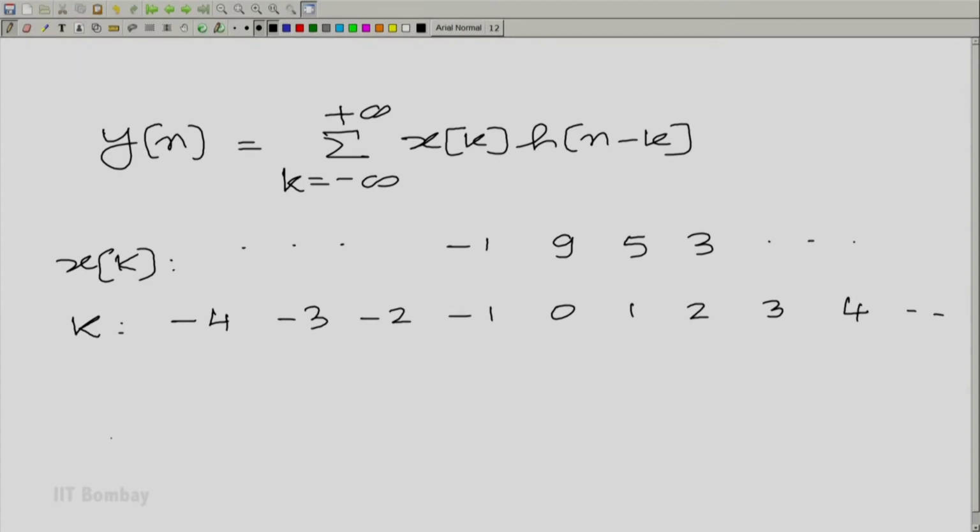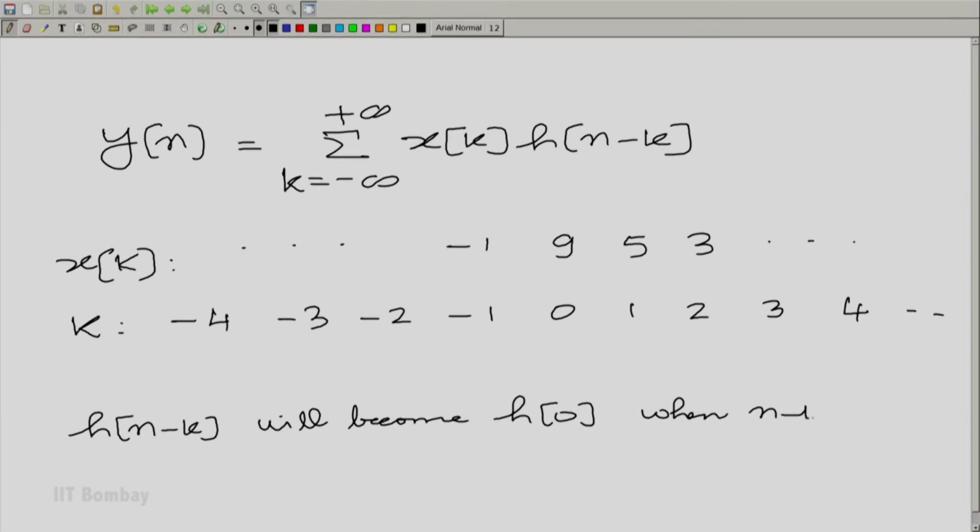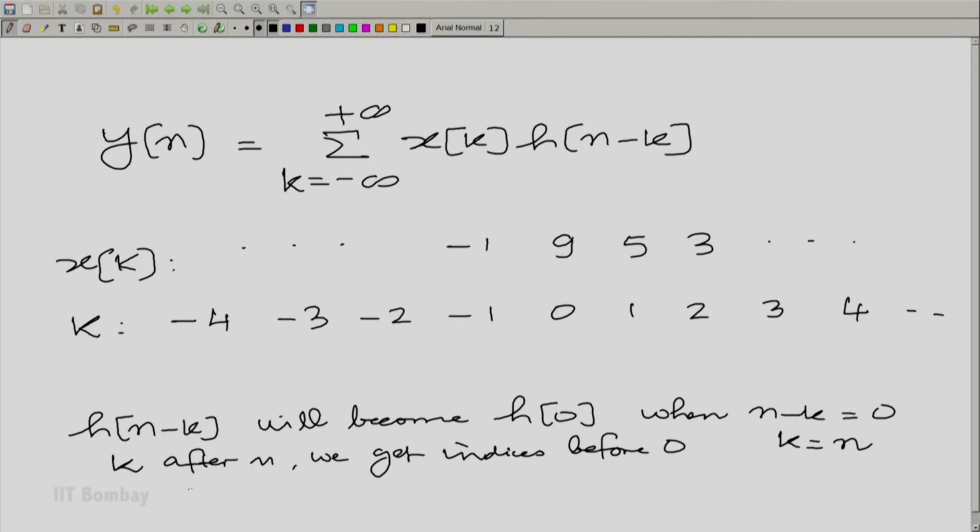You see, h of n minus k will become h 0 when n minus k is 0 or k equal to n. When we increment k, so for k beyond n, we get values before 0, and correspondingly for k before n, we get indices after 0.